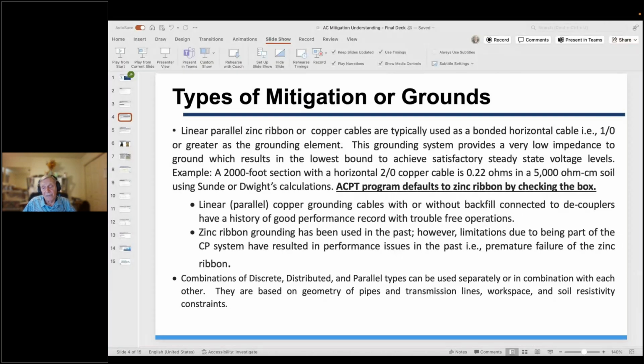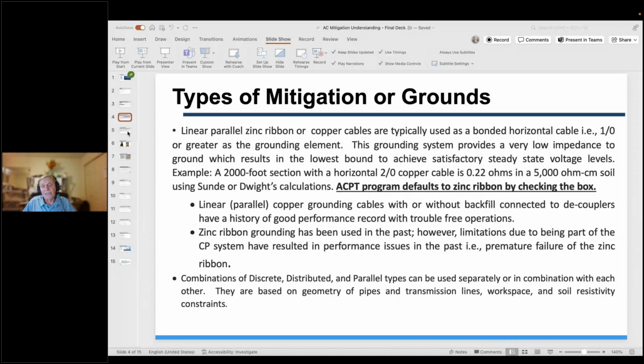You could look up a horizontal anode for whatever number of feet, based on the size of it, whether you're going to use backfill around it or not. Everybody knows about the mitigator, so I'll just mention the name. It's usually used in higher resistance soils, so keep that in mind. These calculations are done by the Sunde or the Dwight calculations, and they're in the toolbox.